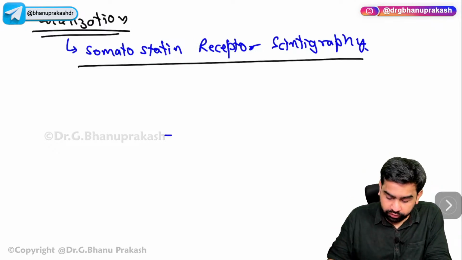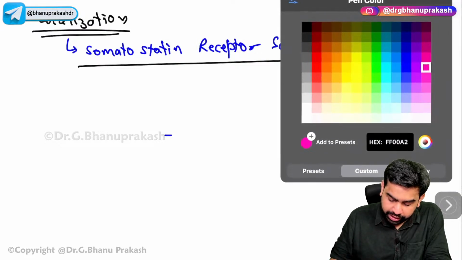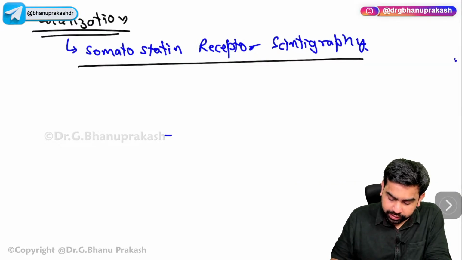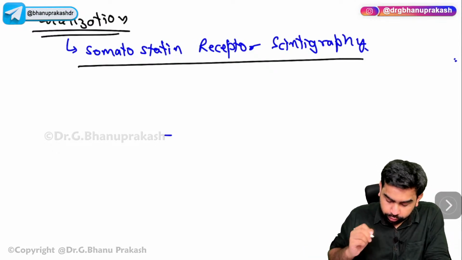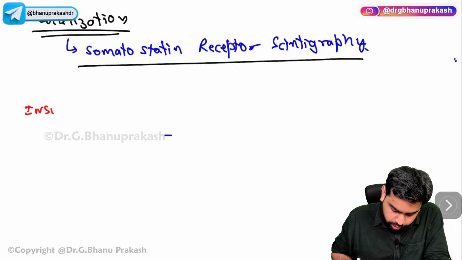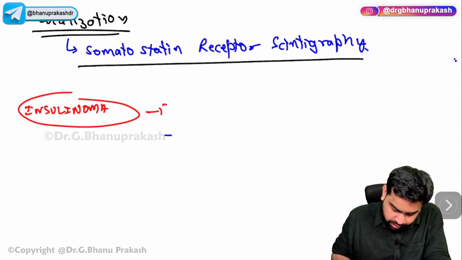Now, if I ask you which neuroendocrine tumor will not be responsive to somatostatin receptor scintigraphy, the only exception is insulinoma. Insulinoma is an exception.